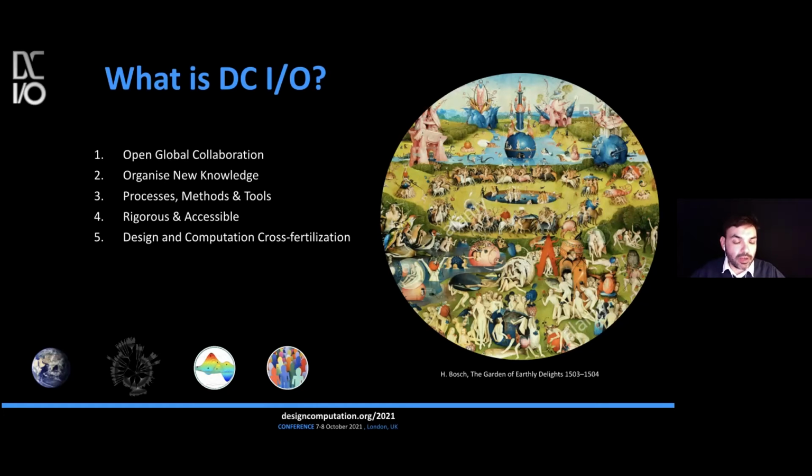So the idea is to cross-fertilize this, to bring new topics, and also cross-fertilize the domain of design and the domain of computation. Often we see that the biggest leaps in progress come from these cross-sectional links between different domains.